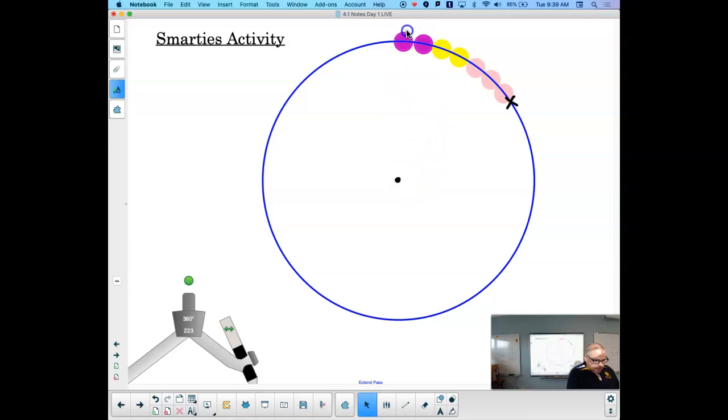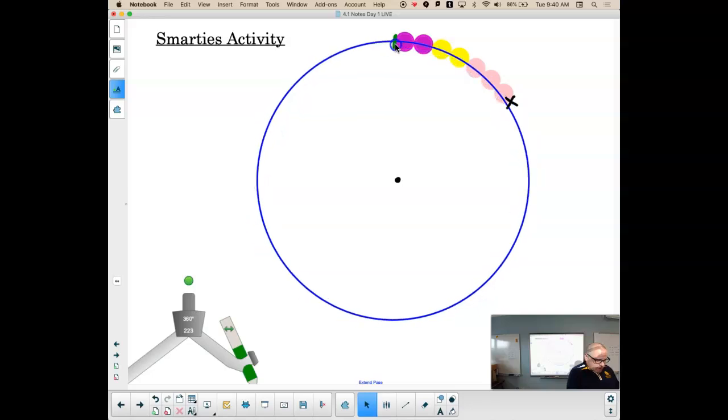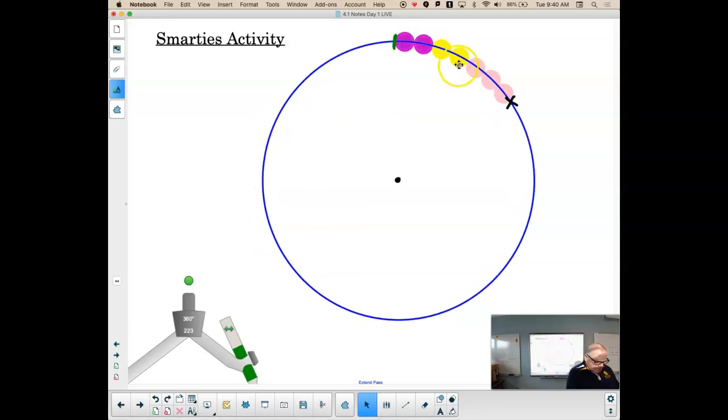So you get your 7 lined up on your circle, and then you make a line, or another X would be okay, on your circle. And then you're going to repeat that process all the way around your circle.